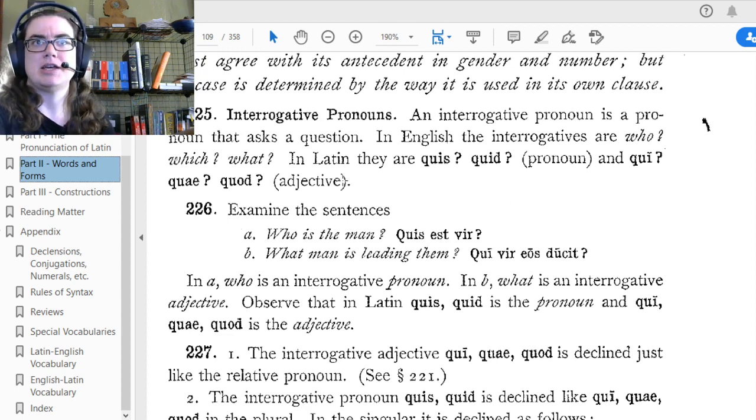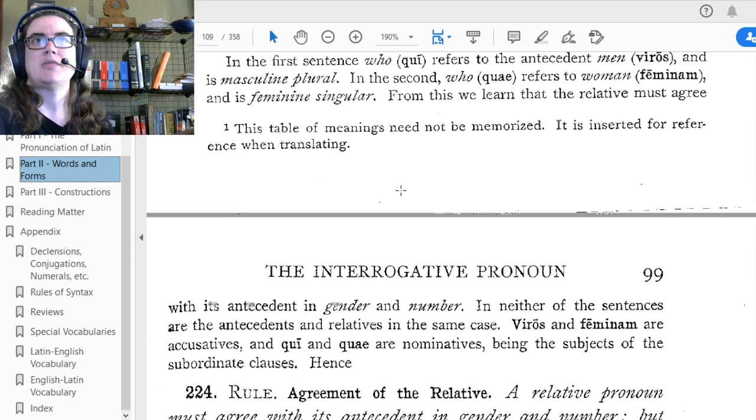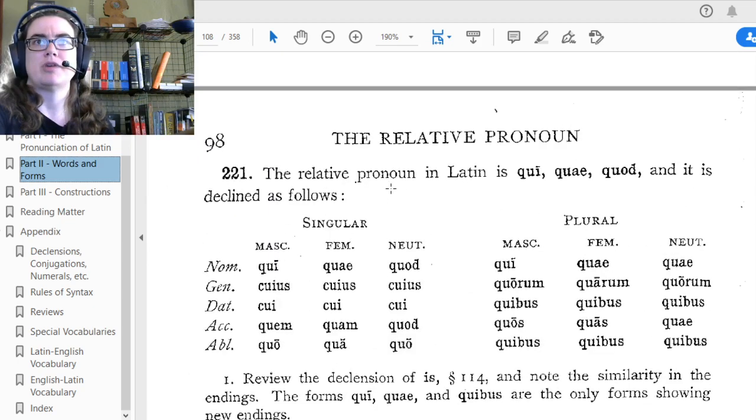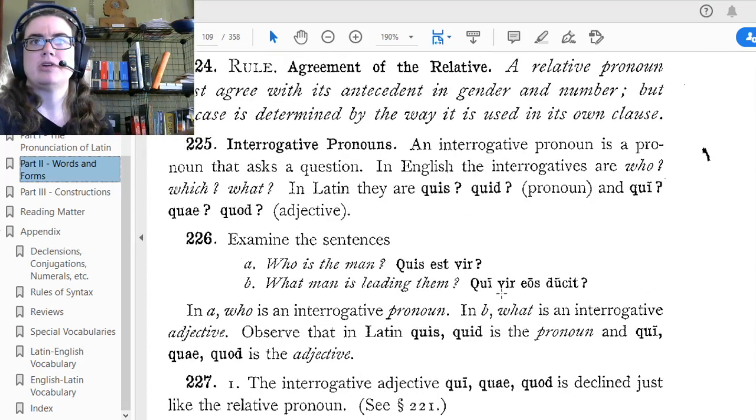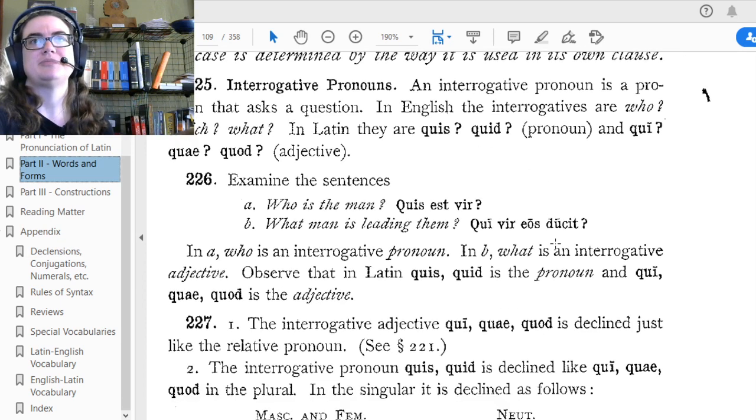The adjectives, again, look exactly the same as the relative pronouns because you need all the forms. For the interrogative, there's some fewer forms, quis quid, as you see right there.